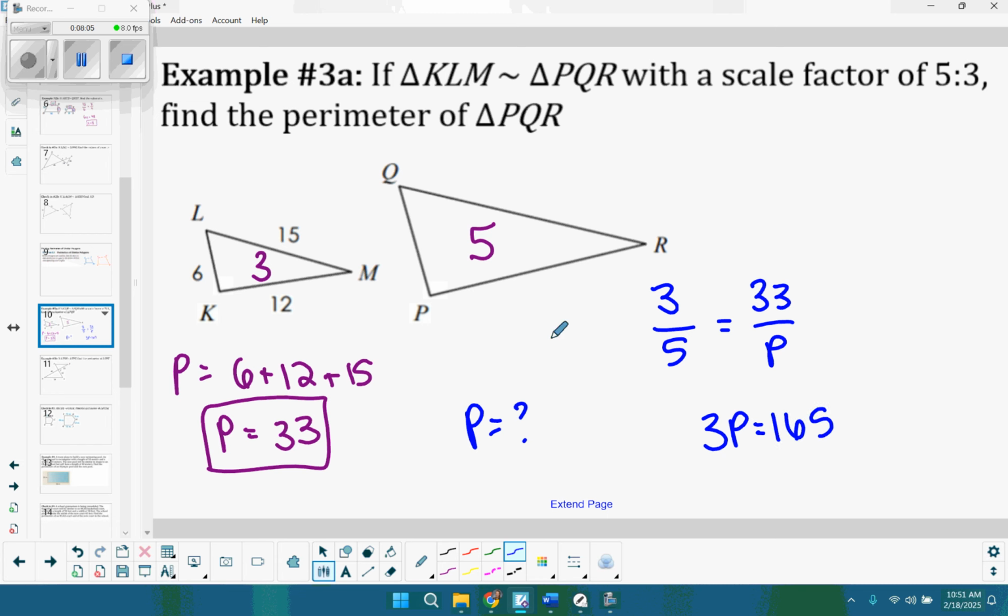Dividing both sides by 3, I get P is 55. So the hardest part here was knowing new to old, where PQR was new and KLM was old. And that's why I put the 3 and the 5 in those places.